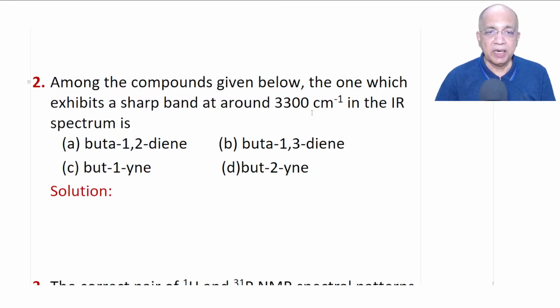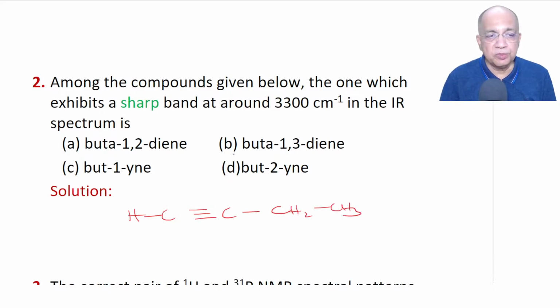spectra. Among the compounds given below, the one which exhibits a sharp band at around 3300, remember this sharp band. Had it been an OH group, the OH stretching, because of hydrogen bonding interaction, it would give a broad band. So this sharp band always speaks of the CH stretching of the sp hybrid carbon, this terminal alkyne.